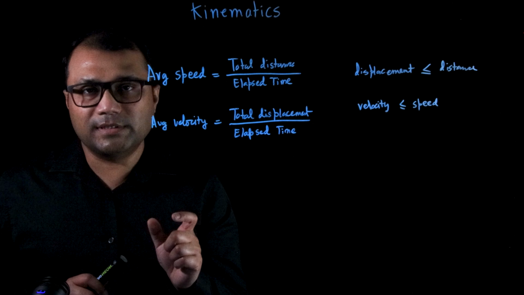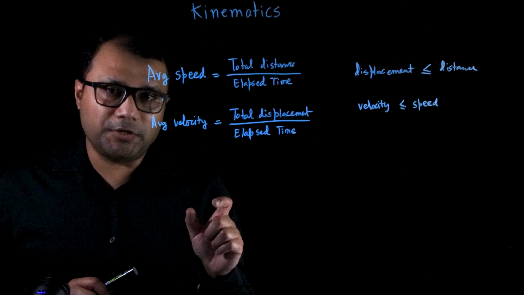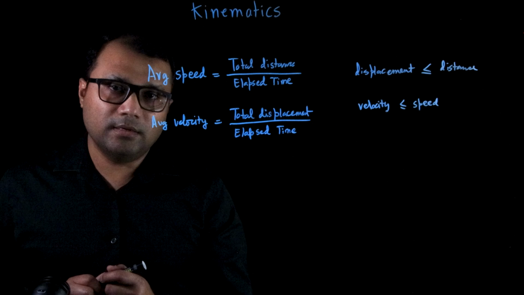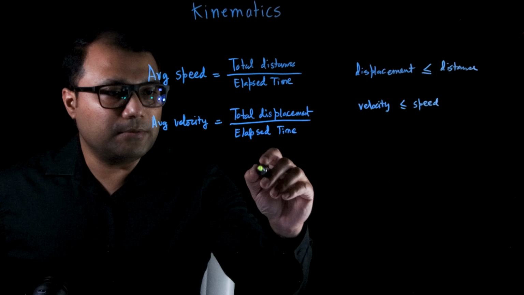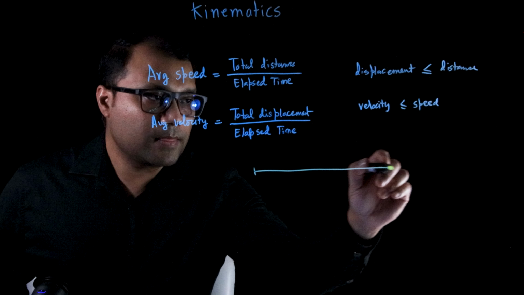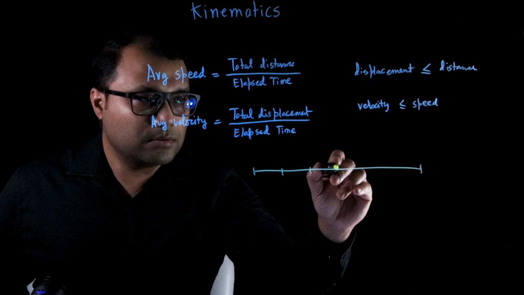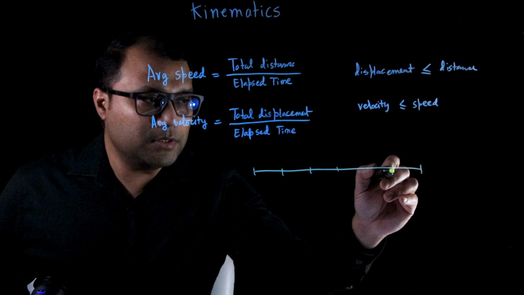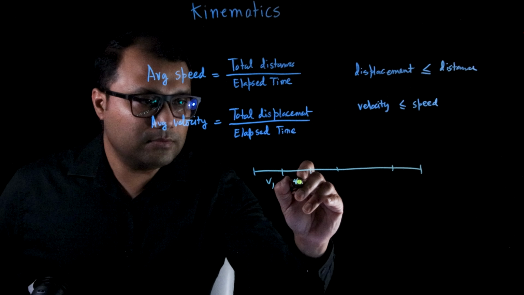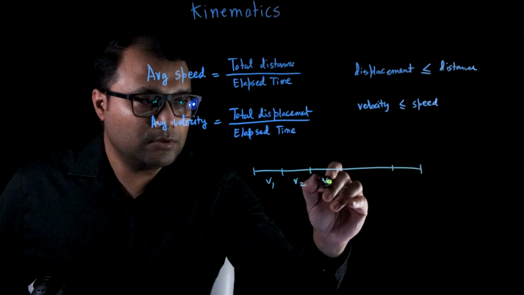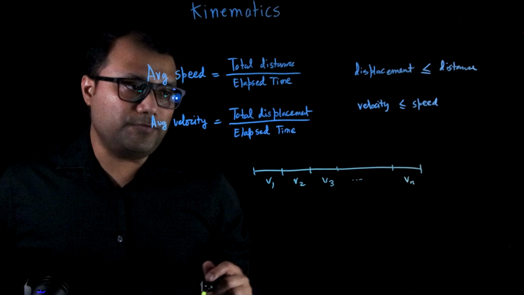If a body covers n equal distances with velocities v1, v2 up to vn, then find out the average speed. So what that means is a body covers n equal distances, so this one with velocity v1, this one with velocity v2, v3 goes on like that with velocity vn.